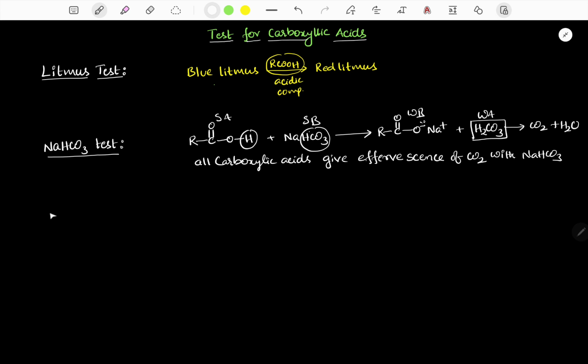Next test is the ester test. When carboxylic acid is treated with alcohol in the presence of H+, Fischer esterification takes place.